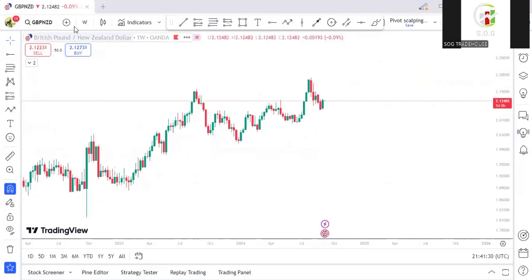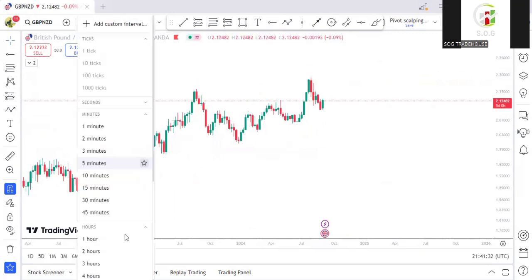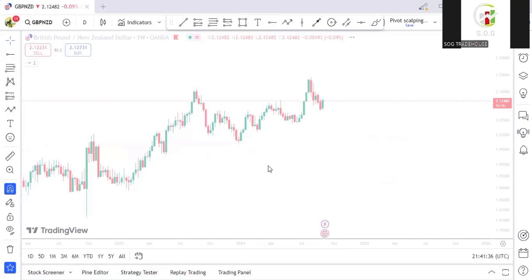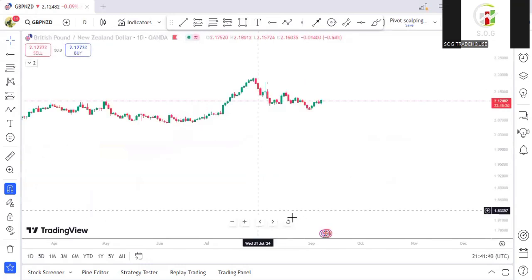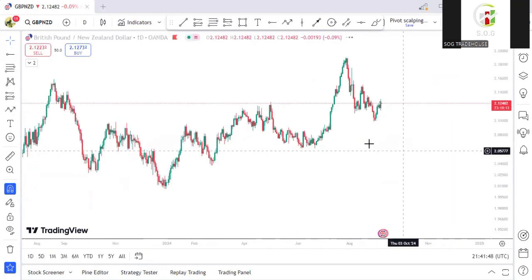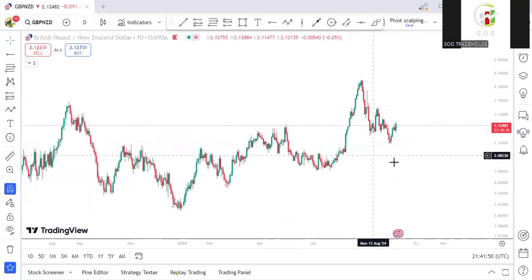So I'll start my analysis with the GBP NZD. I'll start my analysis from the daily time frame. So this is GBP NZD on the daily time frame.